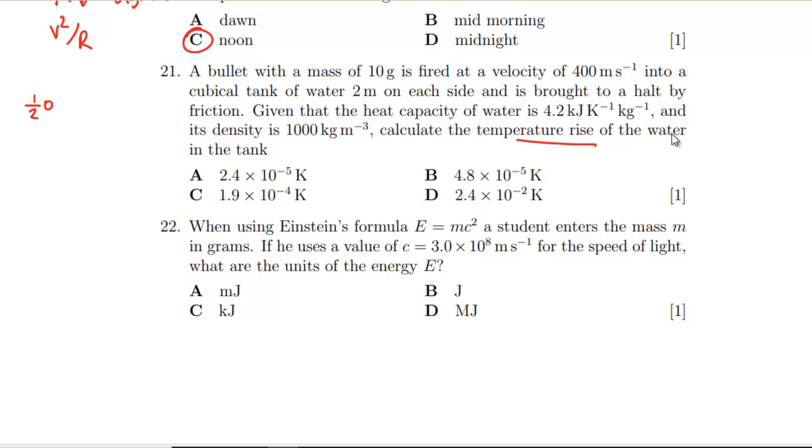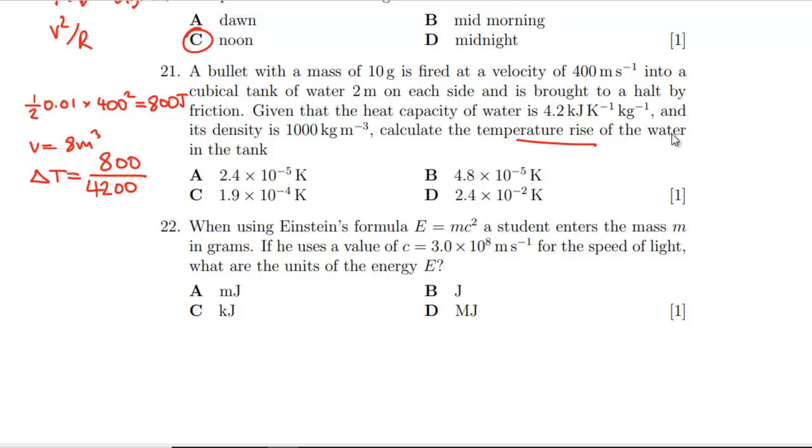So that is a half times 0.01 times 400 squared, which is 2 times 400, so 800 joules. The volume of water is 8 meters cubed.